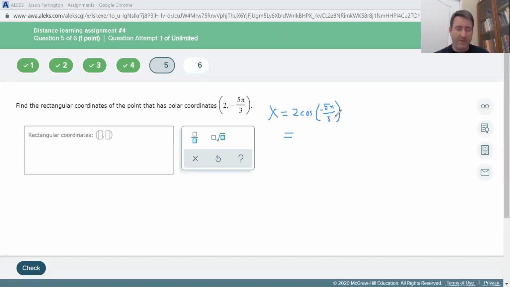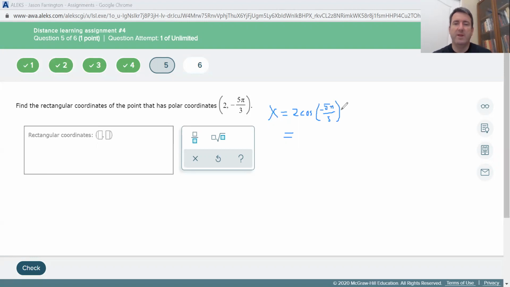So, negative 5 pi over 3, that's going to be the same as, 2 pi over 3? No. We added 2 pi to this.